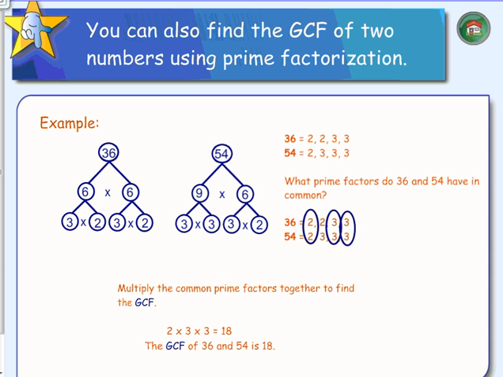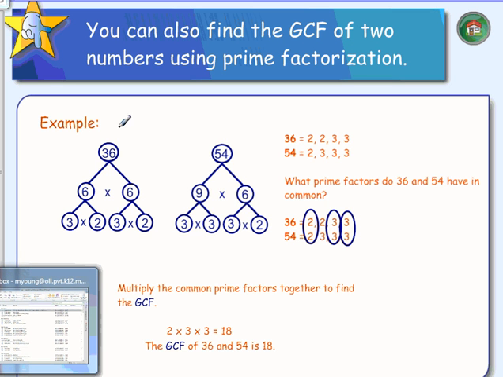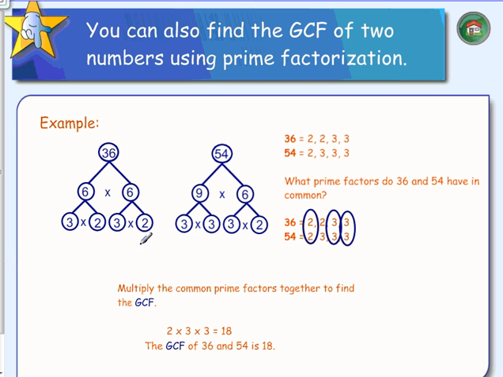So what you can do here is if you have, for example, 36 and 54, you can do factor trees for both. And then you can figure out their prime factorization. So for 36, we have 2 times 2 times 3 times 3. 54 is 2 times 3 times 3 times 3. You double up the ones that they have in common, multiply them together, and that will get you your greatest common factor.